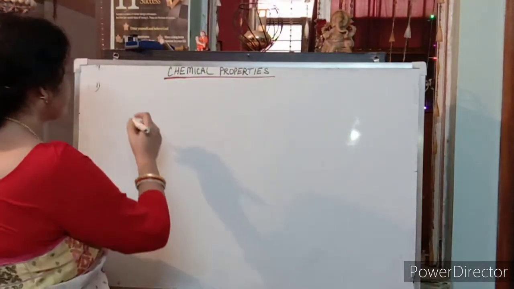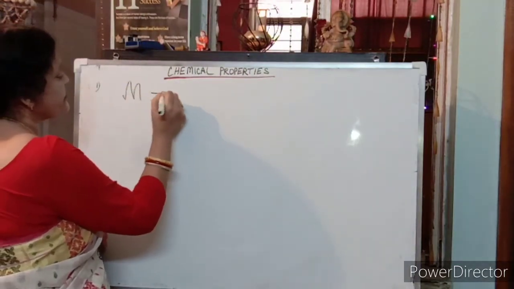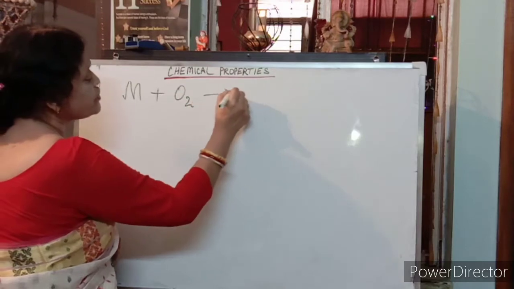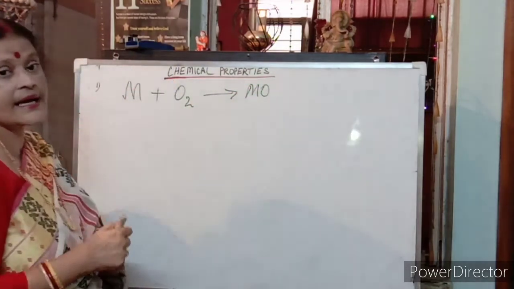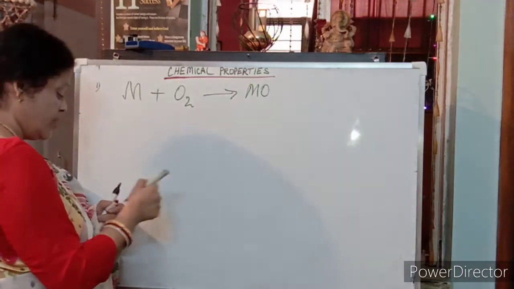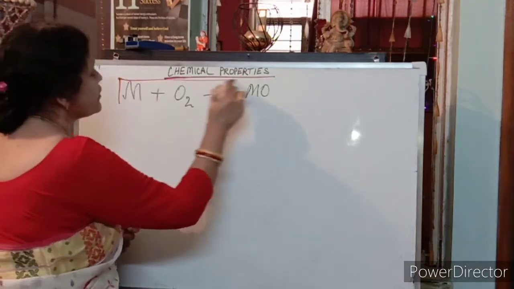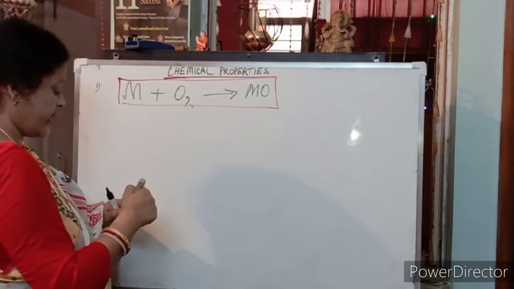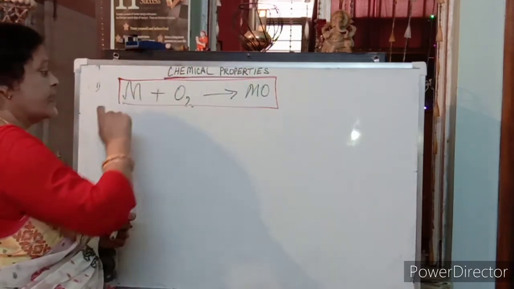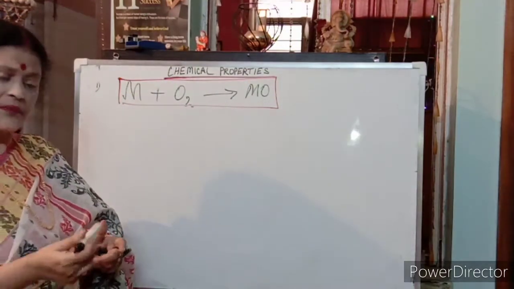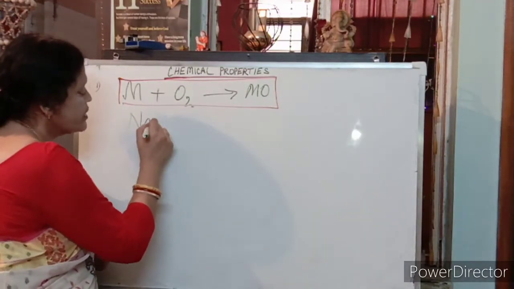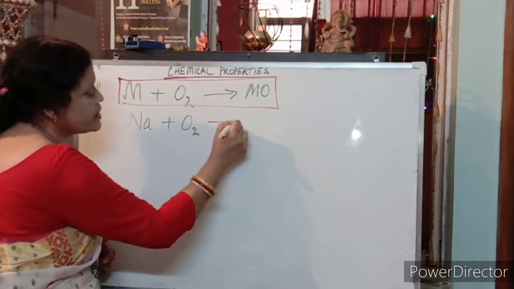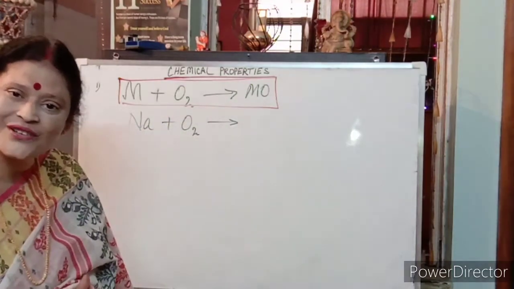First reaction: metal reacts with oxygen to form metal oxide. This is known as the standard reaction on which you can work. Suppose, any metal XYZ you can take. If I take sodium, sodium plus oxygen gives sodium oxide.